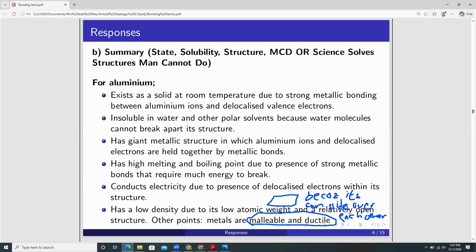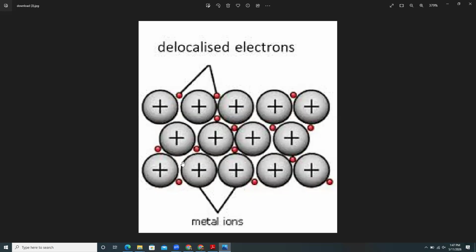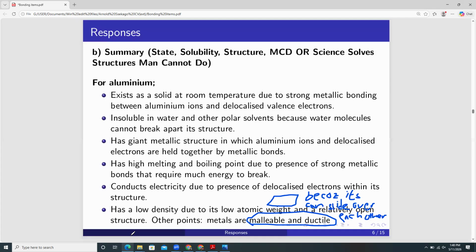Now look at this structure here. Here you have layers. Those are the layers which I'm saying. This first layer can slide over this second layer without necessarily breaking a metallic bond. So that is the reason. What have we said? We have said that metals are malleable and ductile because, for example, here the metal is aluminium.